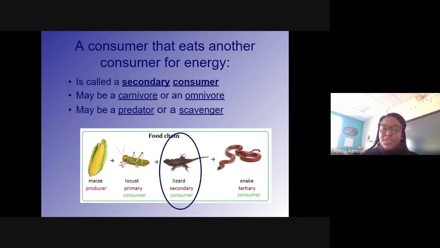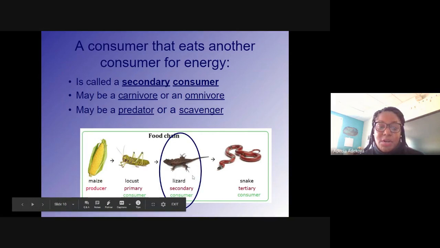Now, consumers or animals that eat other consumers are called secondary consumers. So they may be either carnivores because they eat only meat, or they might be omnivores because they eat both meat and plants. Now, the secondary consumers can also be predators or they can be scavengers as well.